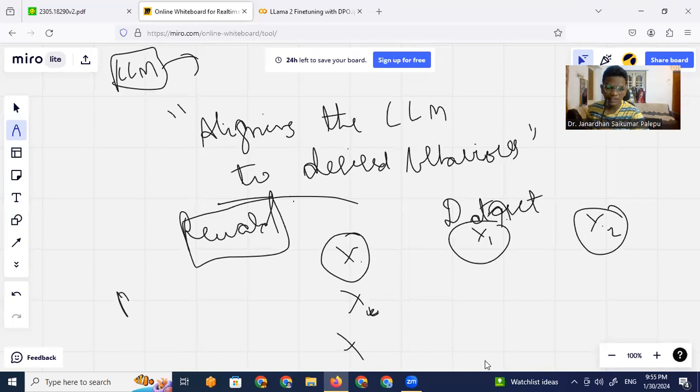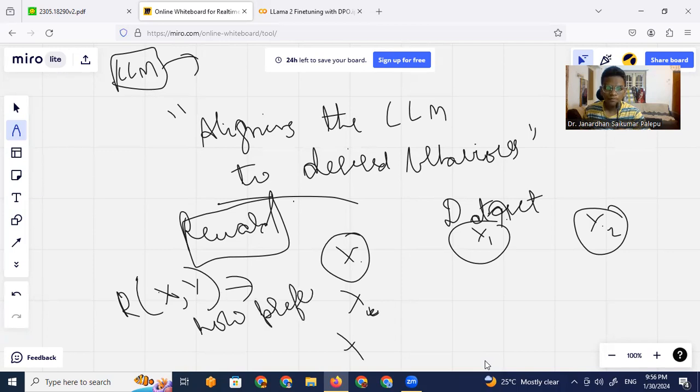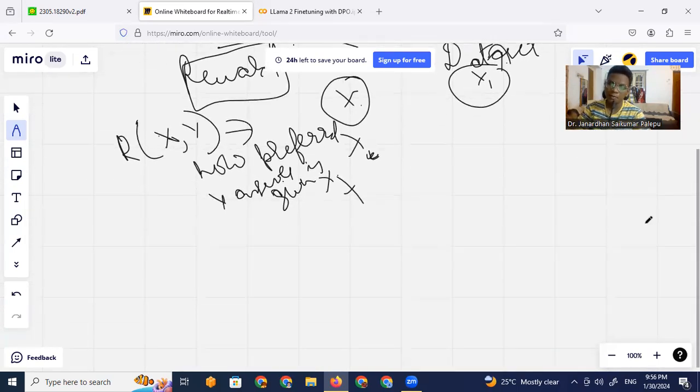So the reward model takes an x and y, and predicts how preferred answer y is given question x. How good is it?